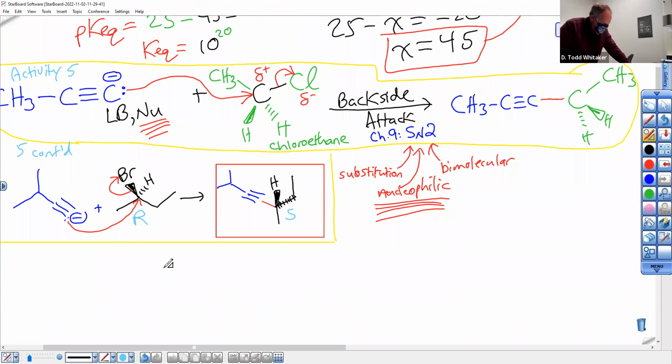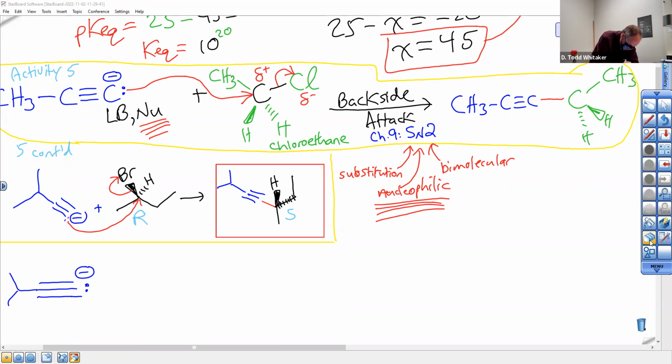But I'm going to try to show you, so you have a visual on why stereo centers flip during backside attack reactions, also known as SN2 reactions.